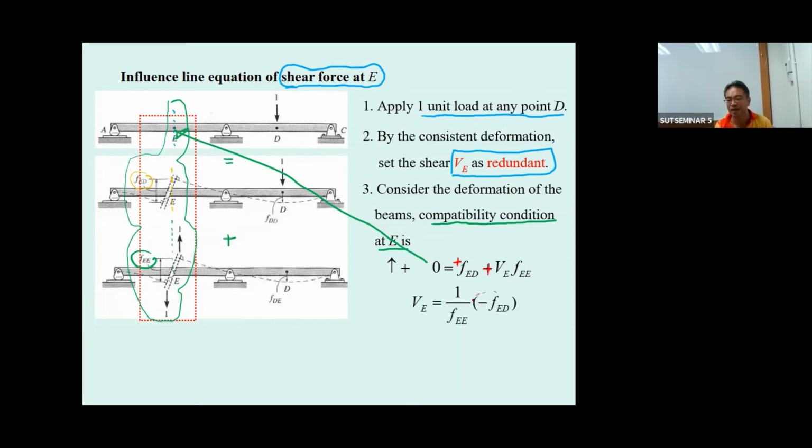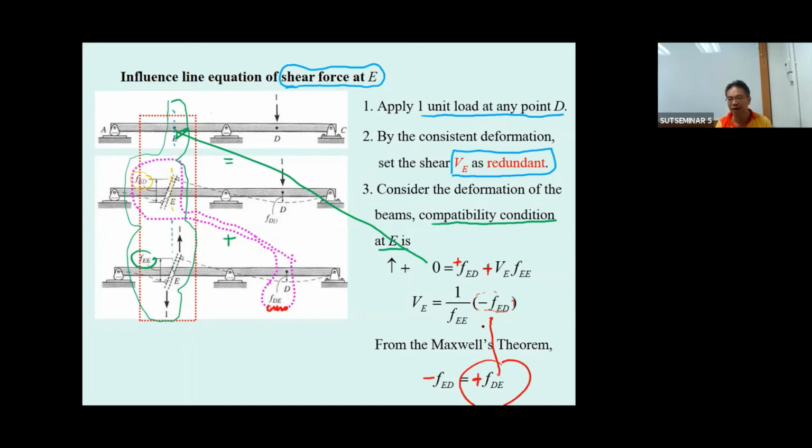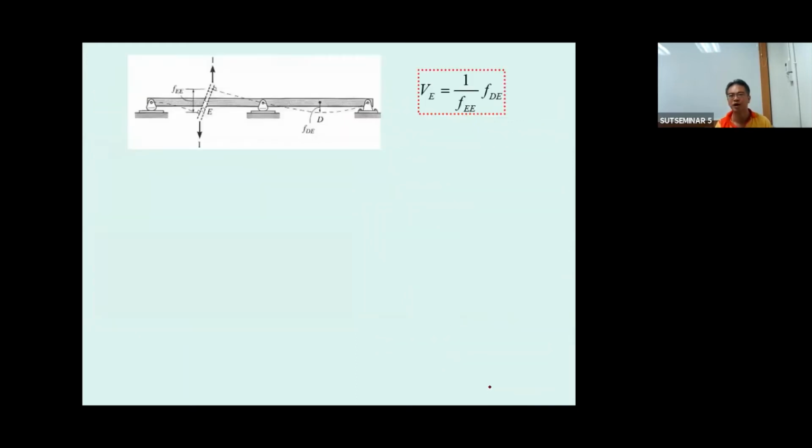This is not convenient to do, so come back to this picture. You can see f sub DE will be equal to f sub ED, but with the negative, so put the negative here. This is going to be positive. Just take this into this portion, and then you get the equation to determine the shear force at the point.